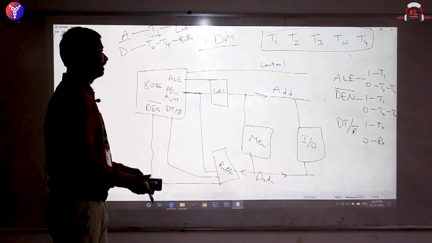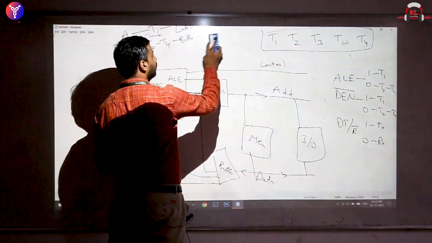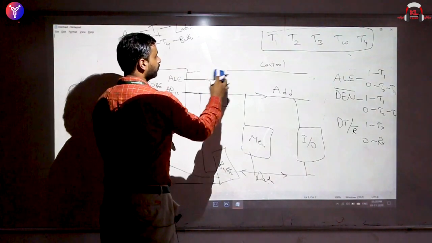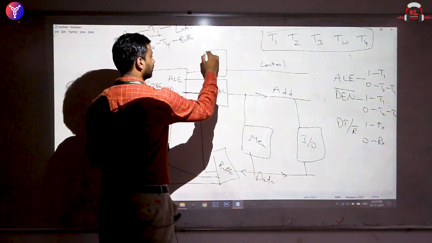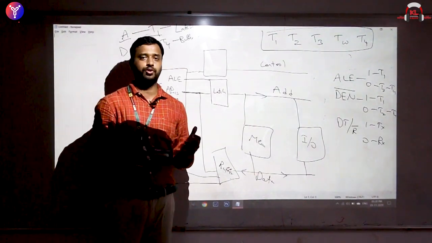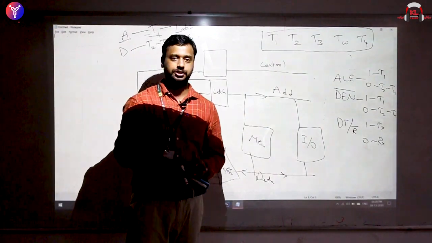And last is the control bus. How we draw the control bus depends on how the minimum mode and maximum mode work. Ideally minimum mode is a single processor mode and the maximum mode is a multi-processor mode, which is toggled by an MN by MX pin.